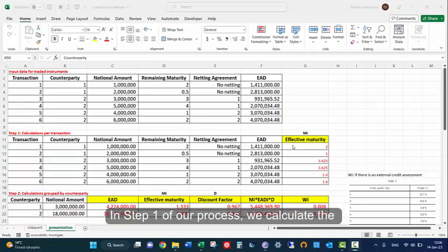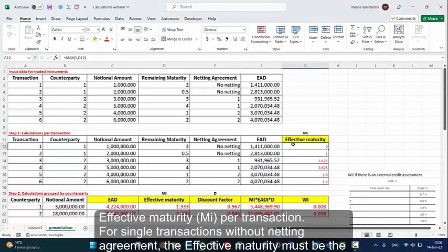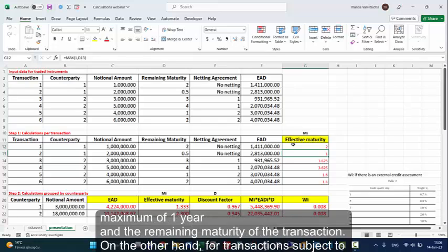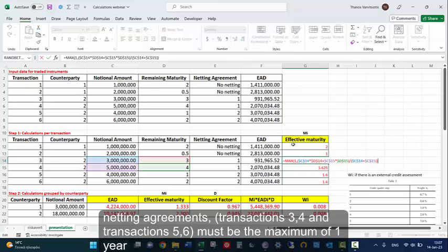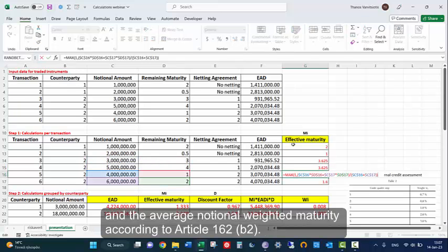In step 1 of our process, we calculate the effective maturity, MI, per transaction. For single transactions without netting agreement, the effective maturity must be the maximum of 1 year and the remaining maturity of the transaction. On the other hand, for transactions subject to netting agreements, transactions 3, 4, and transactions 5, 6, it must be the maximum of 1 year and the average notional weighted maturity according to Article 162, B2.